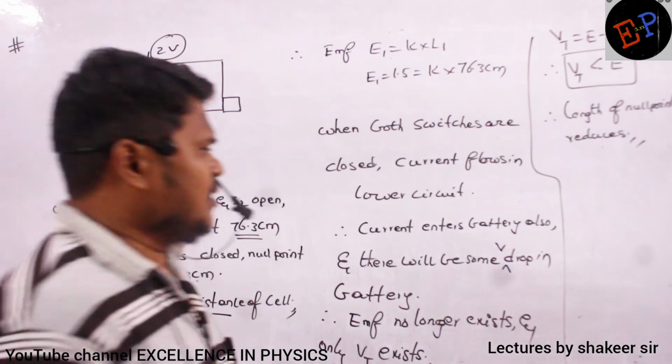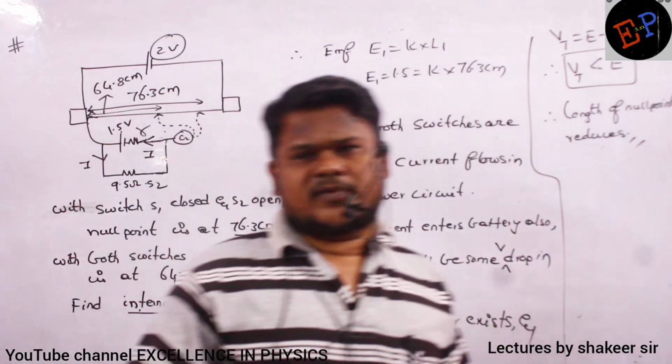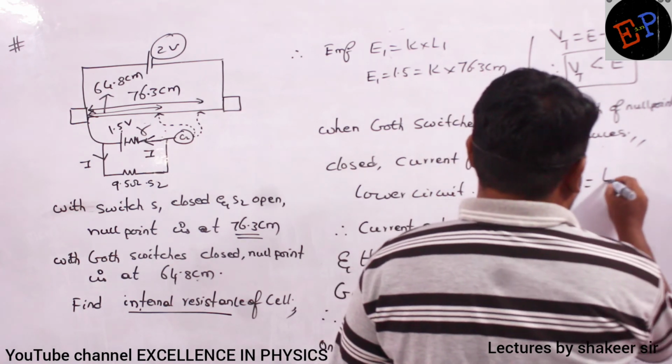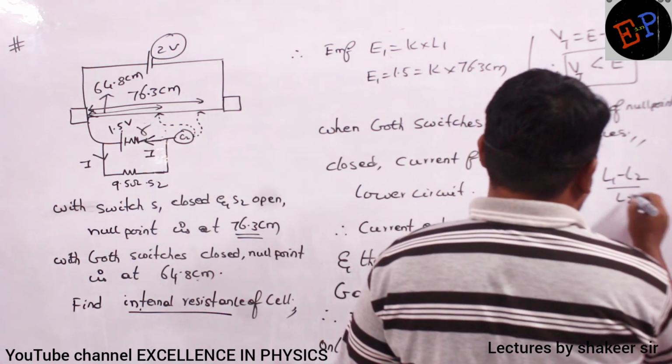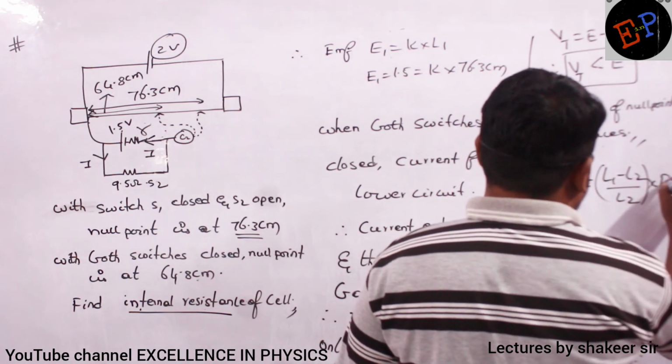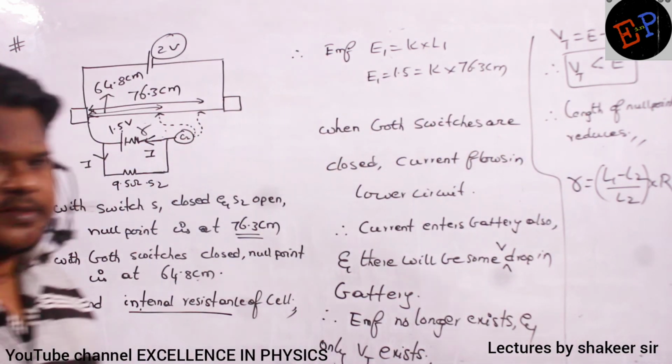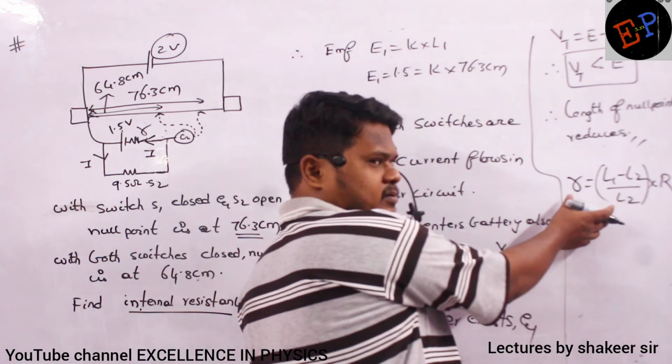Clear? And already we have derived a direct formula to calculate internal resistance. What is the direct formula? r is equal to (L1 minus L2) divided by L2 multiplied by capital R. Direct formula. Just substitute, that is our answer. Already we have derived this one, no?